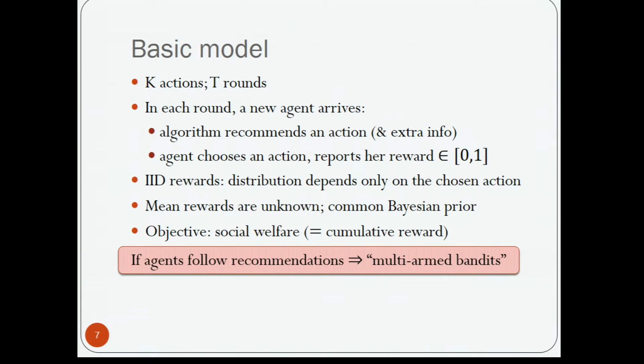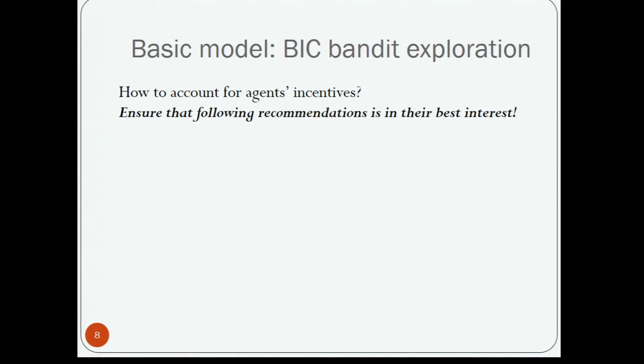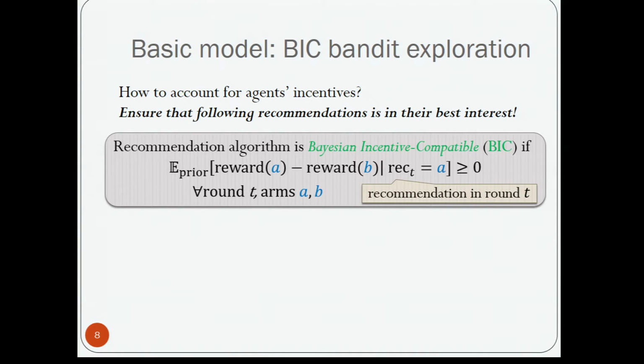But now we have selfish agents. So we need to account for their incentives, and we need to ensure that following the recommendation is in their best interest. Let's express that precisely. We say that the recommendation algorithm is Bayesian incentive compatible if, given that the recommendation in round t is a particular action a, one can take a conditional expectation and realize that the best thing is to follow that action.